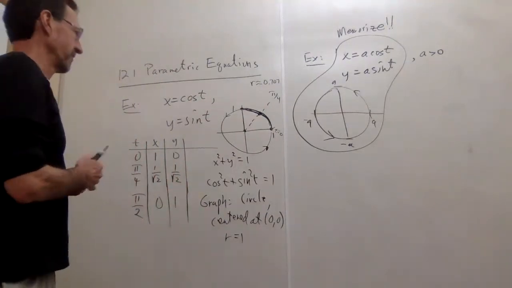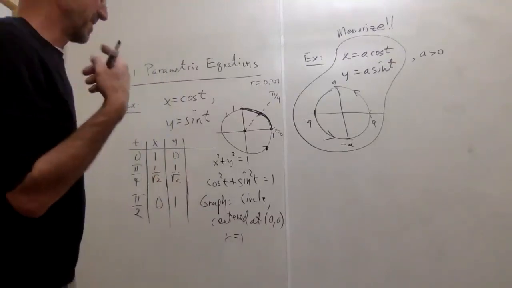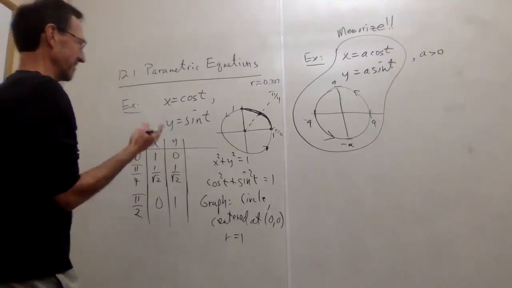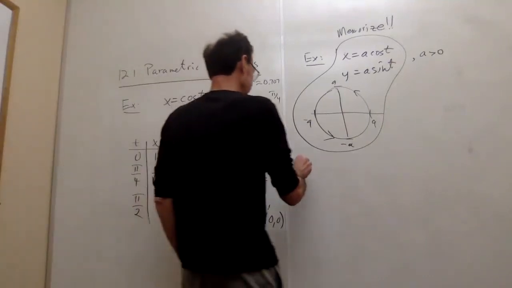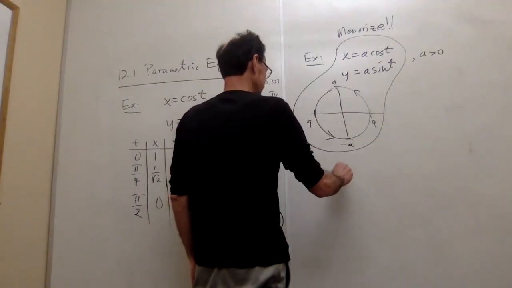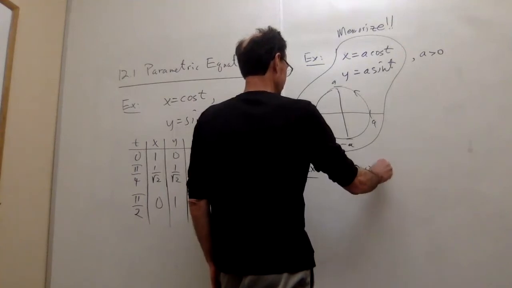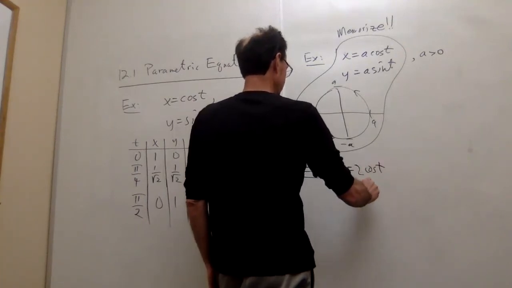All right, so 4 examples, 2 of them just to get us started, and now a very important example. One more example. Not going to do the work here. We're going to take a guess. Let's let x be 2 cosine t and y be 3 sine t.